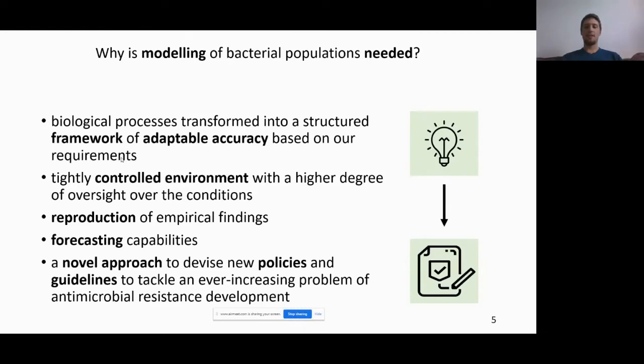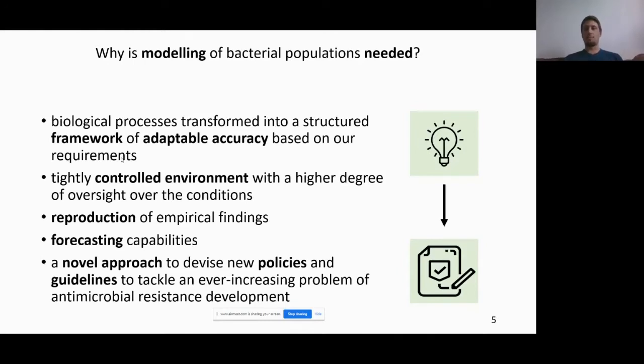The main advantage of using mathematical modeling to probe into the aforementioned mechanisms is that it enables us to transform biological processes into a structured framework of adaptable accuracy based on our requirements. It also allows us to perform experiments in a tightly controlled environment with a higher degree of oversight over the conditions and less interference from undesirable extraneous variables, as is the case for a regular laboratory experiment.